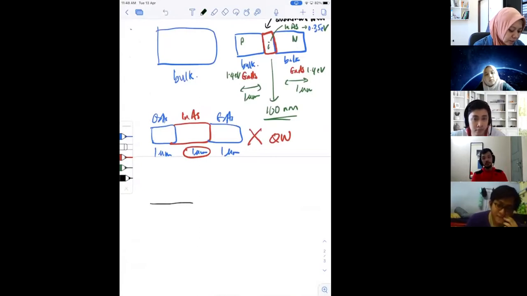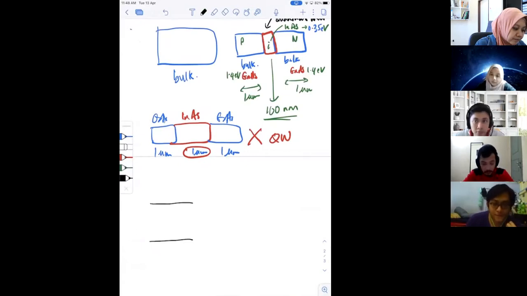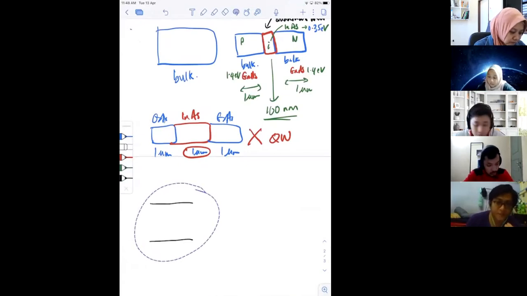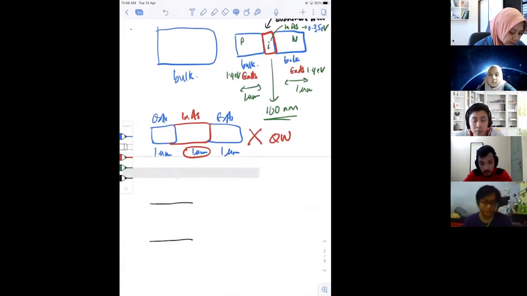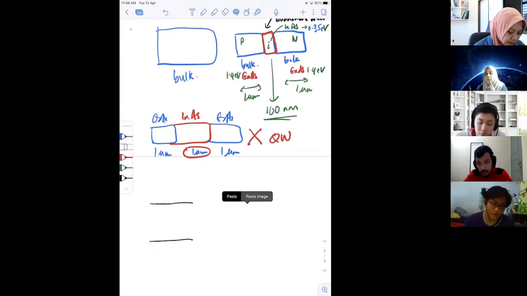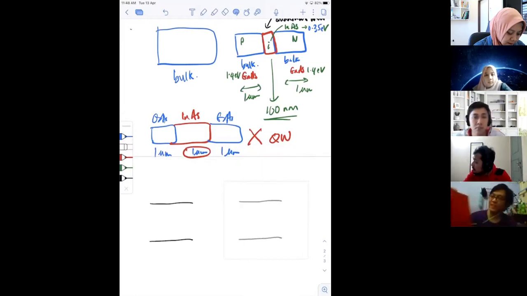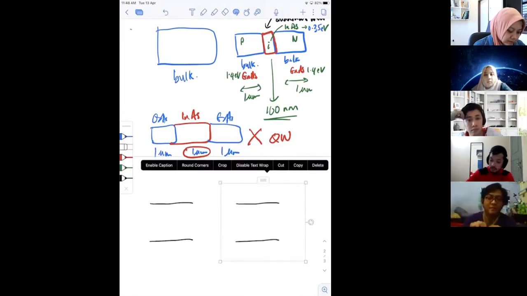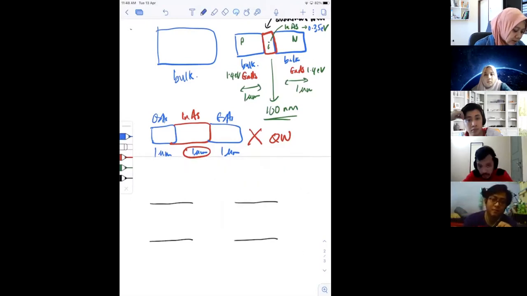So it is a sandwich between a large band gap material, okay, with the lower band gap material. So saya nak draw. So saya kena draw dia dulu.